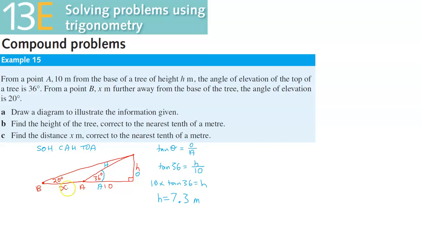Now I need to find this distance x, but I'm going to need to take a few steps here. So this is now my reference angle. I'm looking at this triangle now.